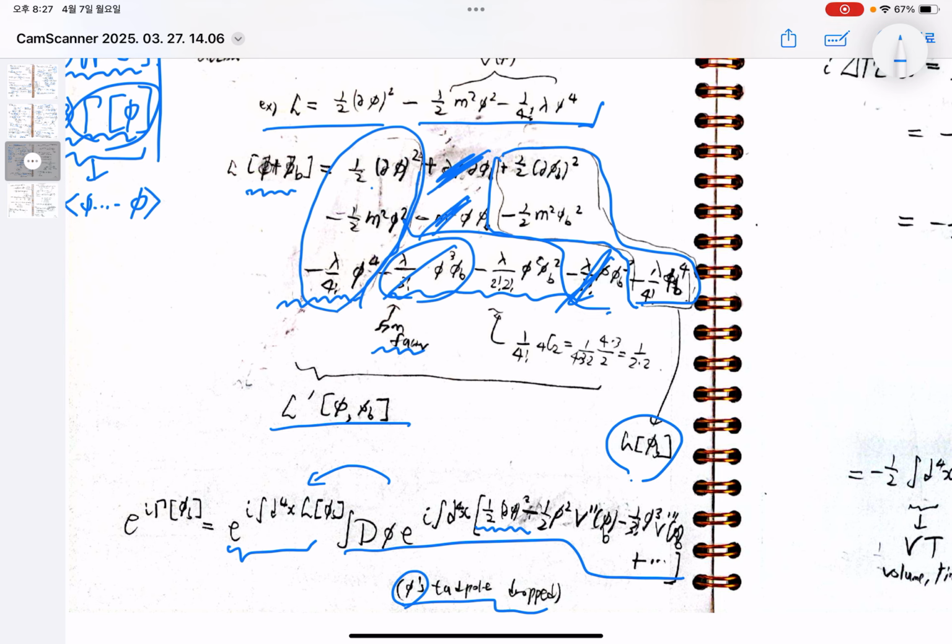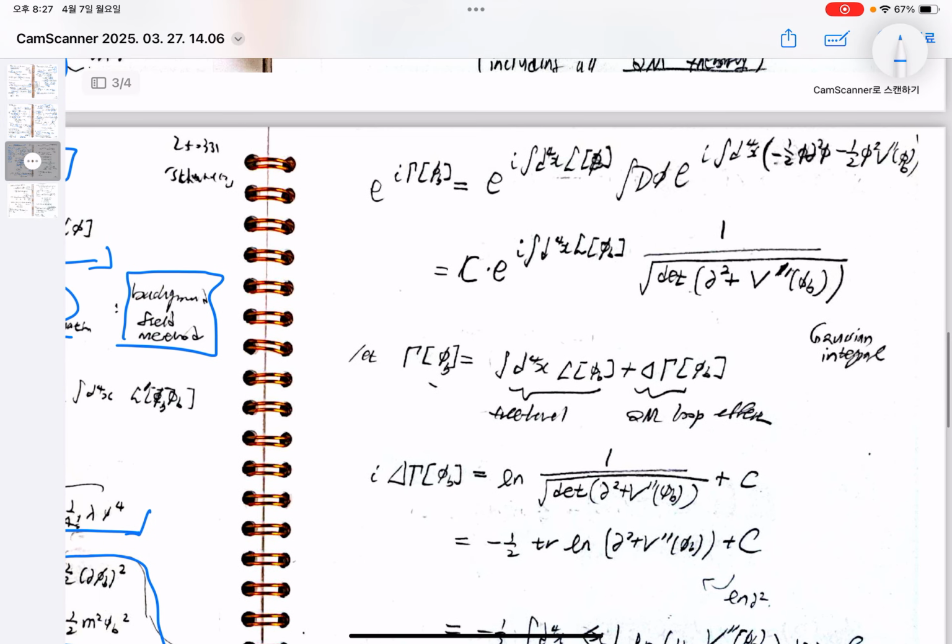So that we can classify the kinetic terms and other terms that come from the derivatives of the potentials about the background field.